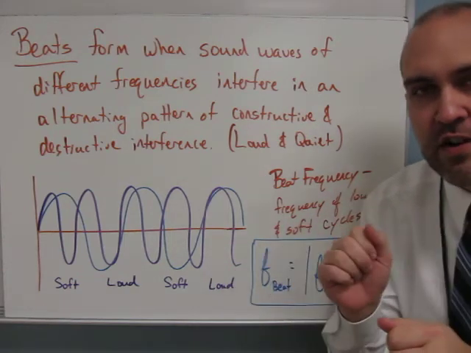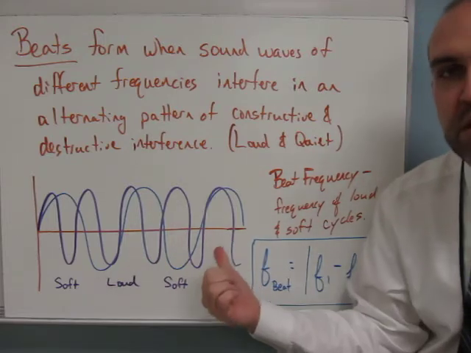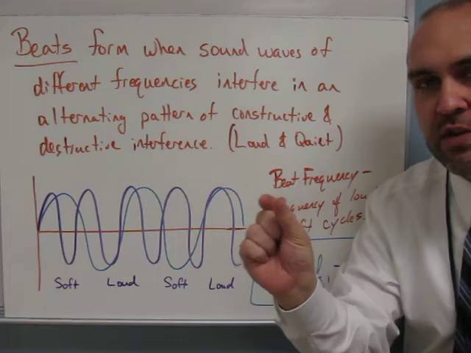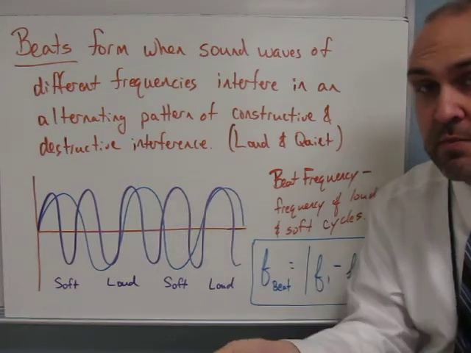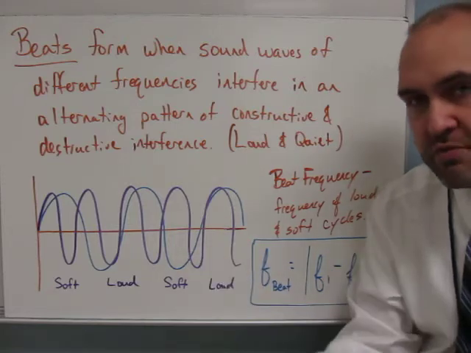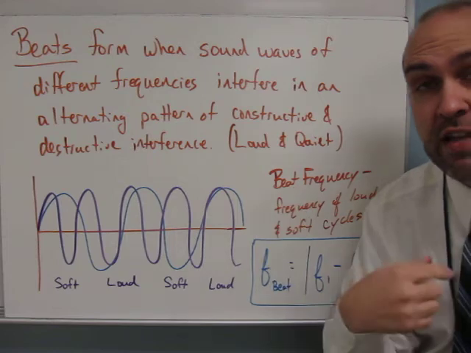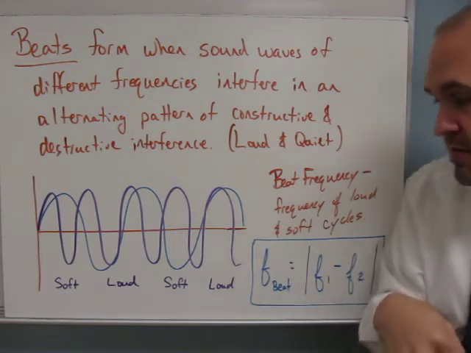Yours is on and theirs is off, and then a few moments later they're back in sync again. This is what happens with beats. Because those blinkers are flickering at slightly different frequencies, sometimes they match up and sometimes they're completely opposite, and then they match up again and then they're opposite again. Julius will demonstrate that for you on the video, and I can demonstrate it in class. Don't forget to ask me to do that.